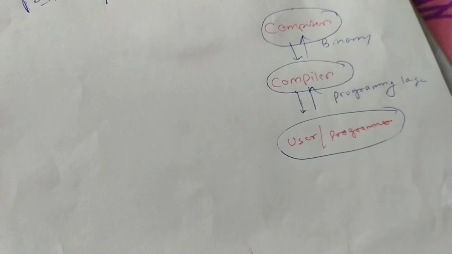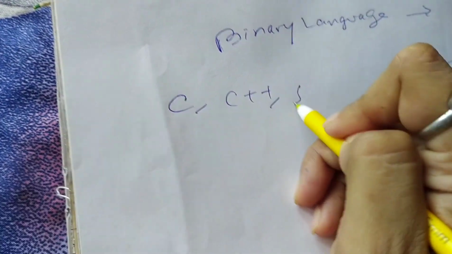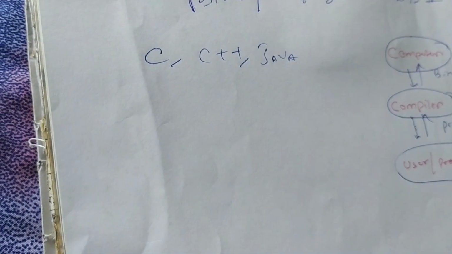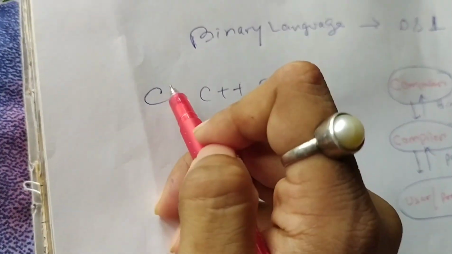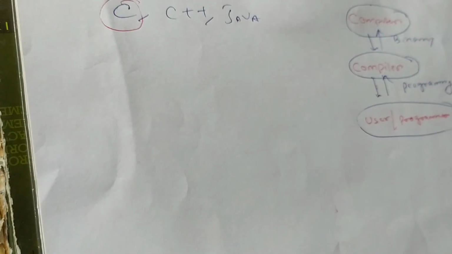And there are multiple programming languages like C, C++, Java and so on. But in this video I will talk about C. C is the oldest programming language, but even now it is in demand due to its compatibility, that is, it is very easy to learn.